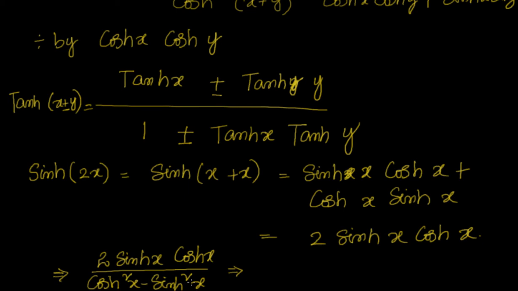Now if I divide this by cosh square x, what will I have? I will have 2 tanh x by 1 minus tanh square x.